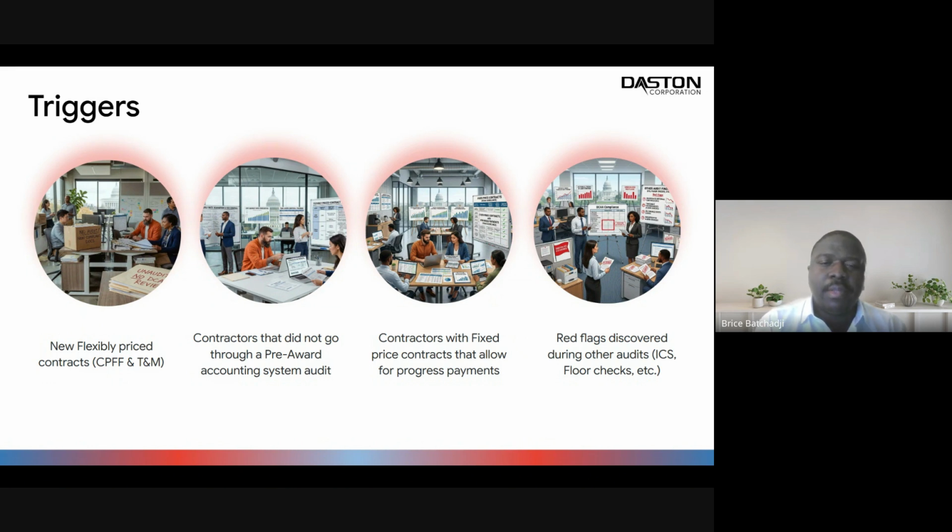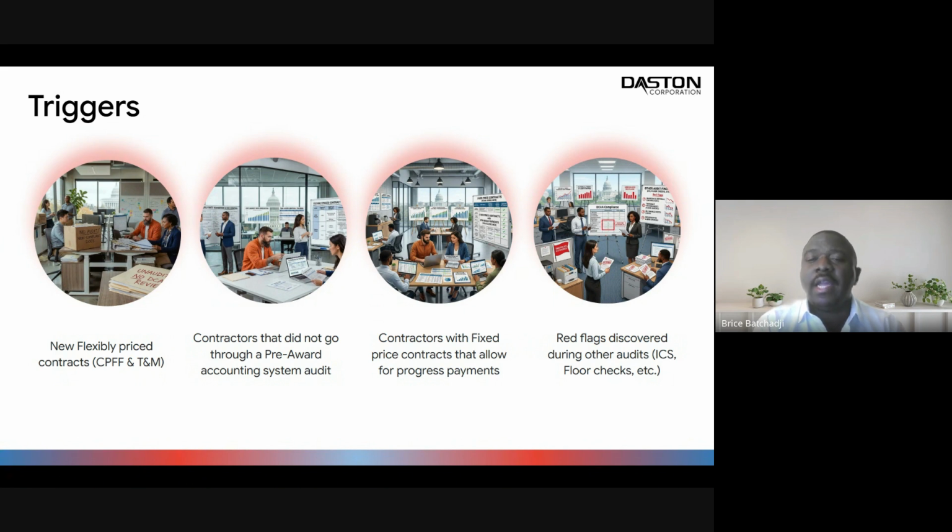But the minute you start doing any sort of cost reimbursement work, whether it be true cost plus contracts, or time and material contracts where you're burdening your materials with your G&A rate, that essentially would trigger what they call a pre-award accounting system audit.